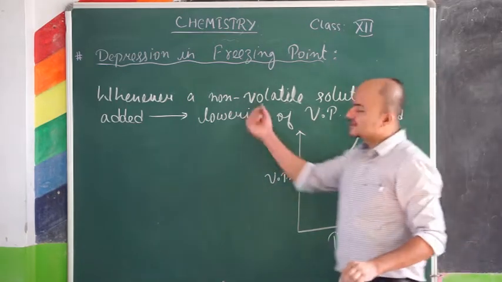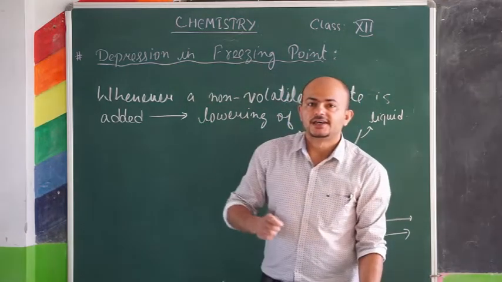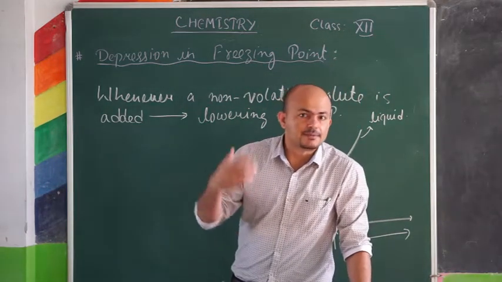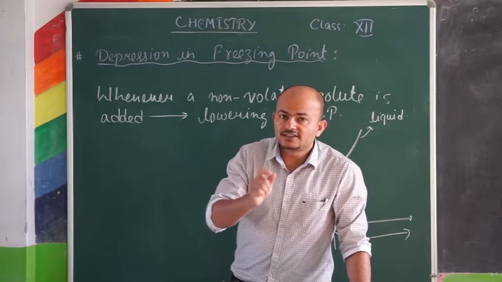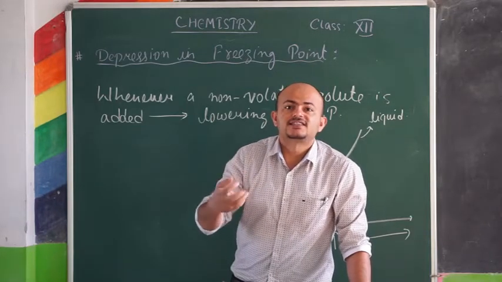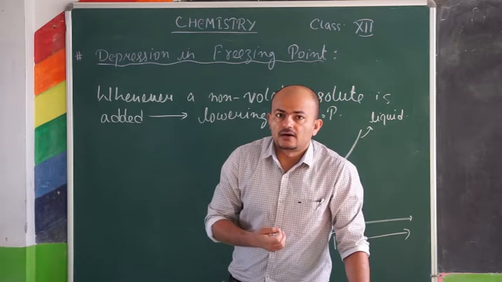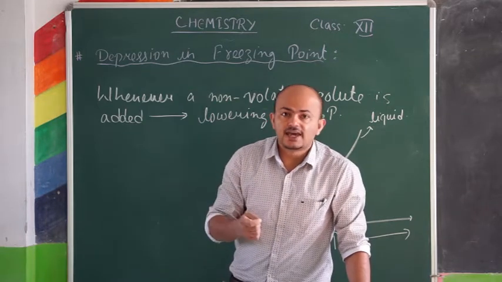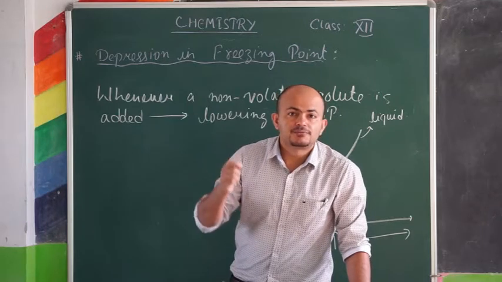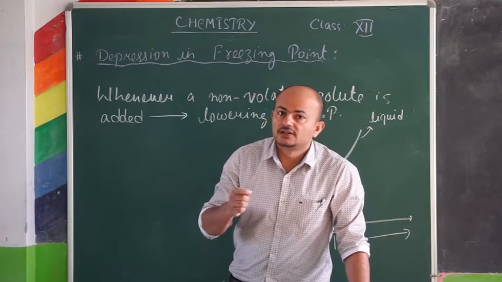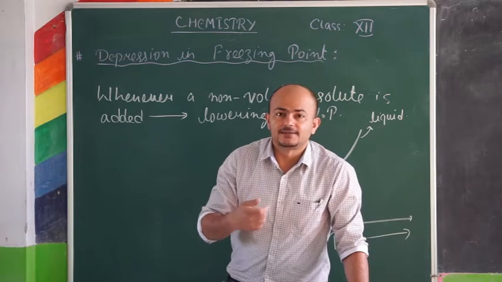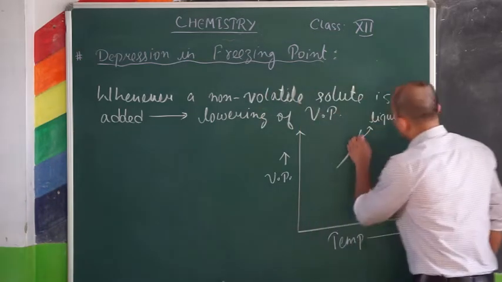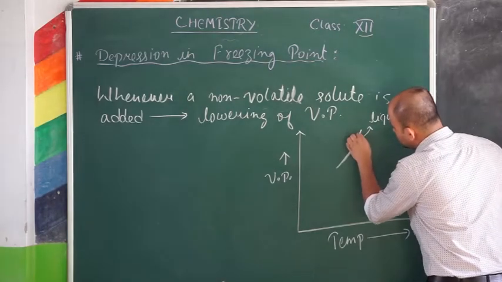Now, do you know what the freezing point is? Freezing point is the temperature at which the solid and the liquid exist in equilibrium, or you can say it is the temperature at which the vapor pressure of the liquid and the solid will be the same.